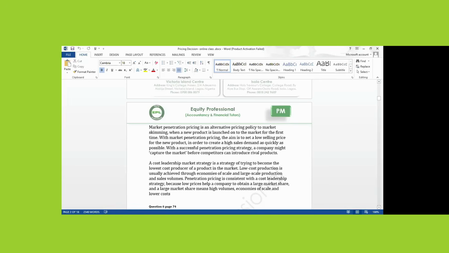Low cost production can be achieved through economy of scale. Through economy of scale and large scale production, you can achieve low cost production.